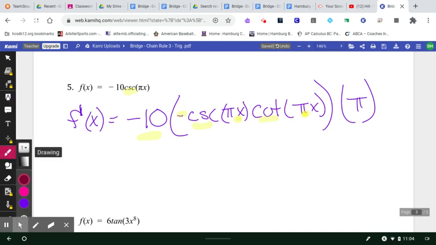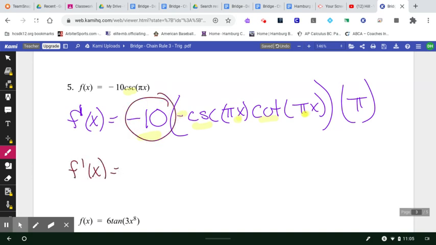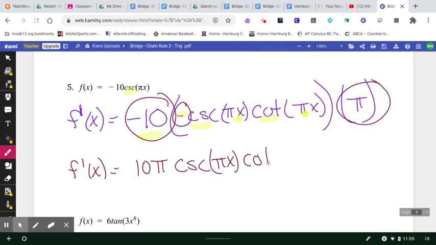And then lastly, we'll go ahead and clean that up. So f prime of x is equal to, I can multiply these and this negative, so I'm going to get a positive 10 pi cosecant of pi x cotangent of pi x. And again, when I see the co, all the co's are in the same one. Cosecant, cotangent. It's kind of my trick to memorize them.